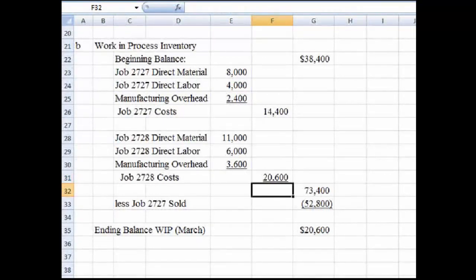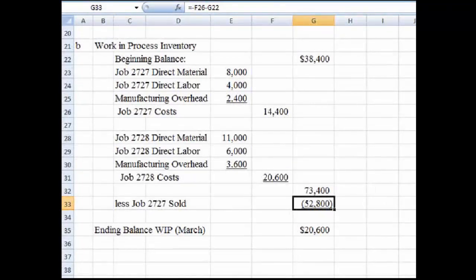The next line down contains a formula that adds the beginning balance of $38,400 to the $14,400 for job 2727 and the $20,600 for job 2728. Since the requirement says to calculate the ending balance for work in process, and the book indicates that job 2727 was completed and sold, the total amount of job cost for job 2727 needs to be subtracted from work in process.